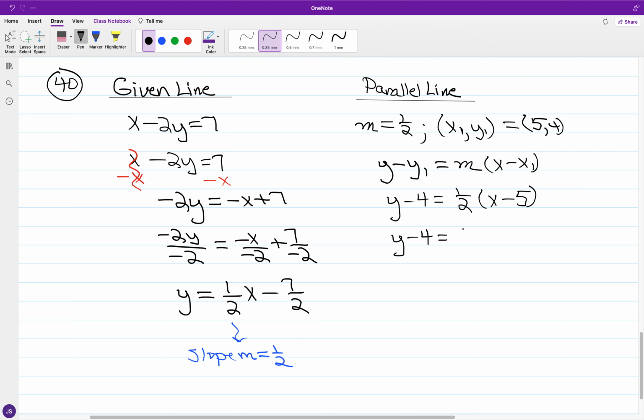Okay, so we got y minus 4, and distributing 1/2 over the quantity of x minus 5. So we have 1/2 of x minus 5/2, and getting y by itself.